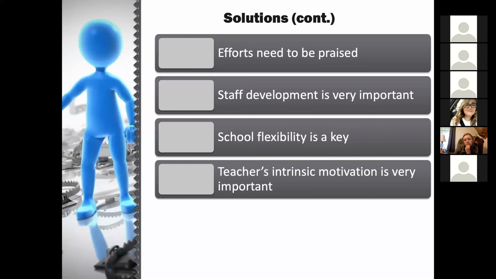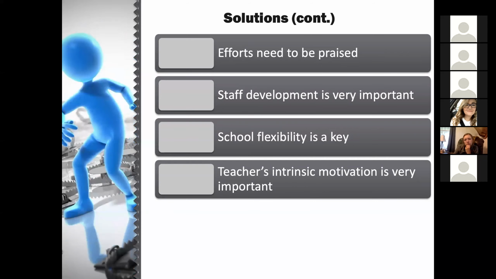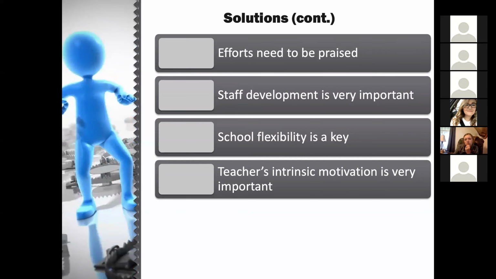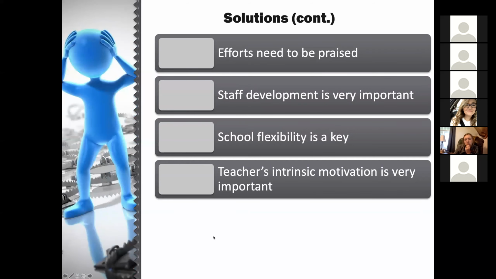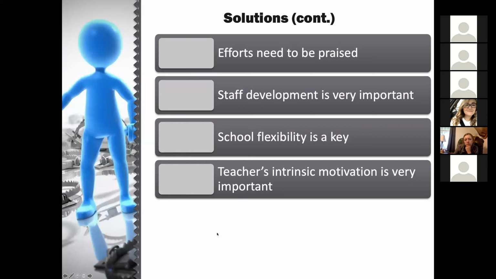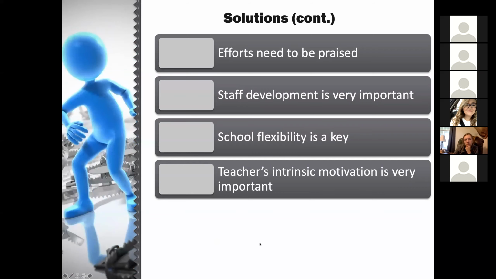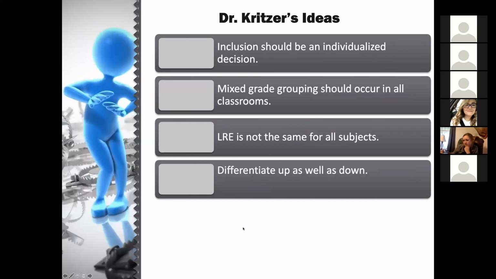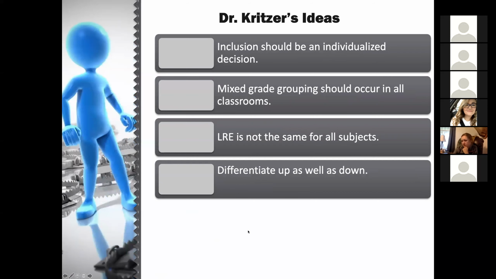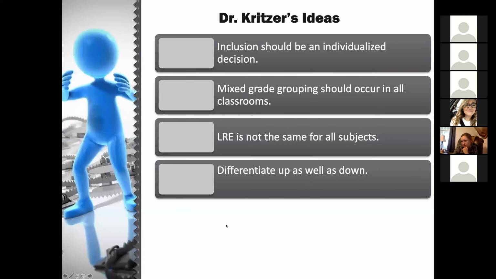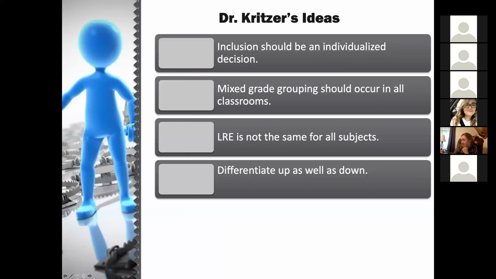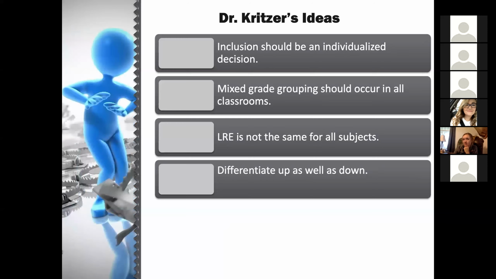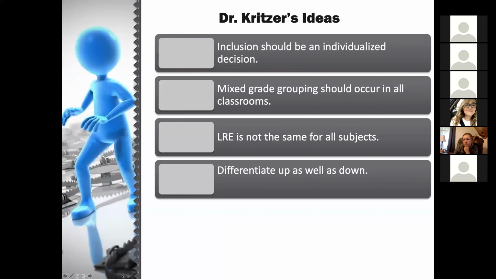Sometimes children need to be in more than one room in a day, even if it's a fully inclusive room, but maybe we need to share kids more. A teacher needs to be intrinsically motivated to implement full inclusion. They can't just be told to do it. And it's, again, an individualized decision. Your LRE, your least restrictive environment, is not the same for all subjects. Sometimes we differentiate up, sometimes we differentiate down.